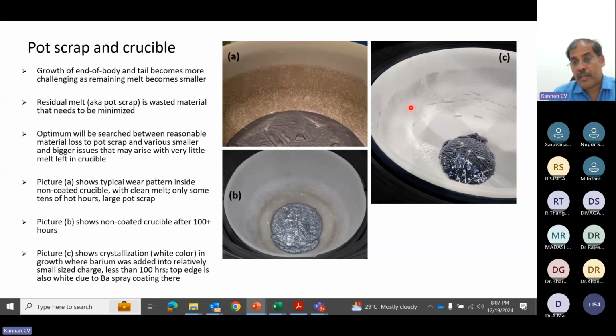If you see here, after one growth process, look at the surface of the crucible. Initially, before you start melting, the polysilicon was loaded up to here.